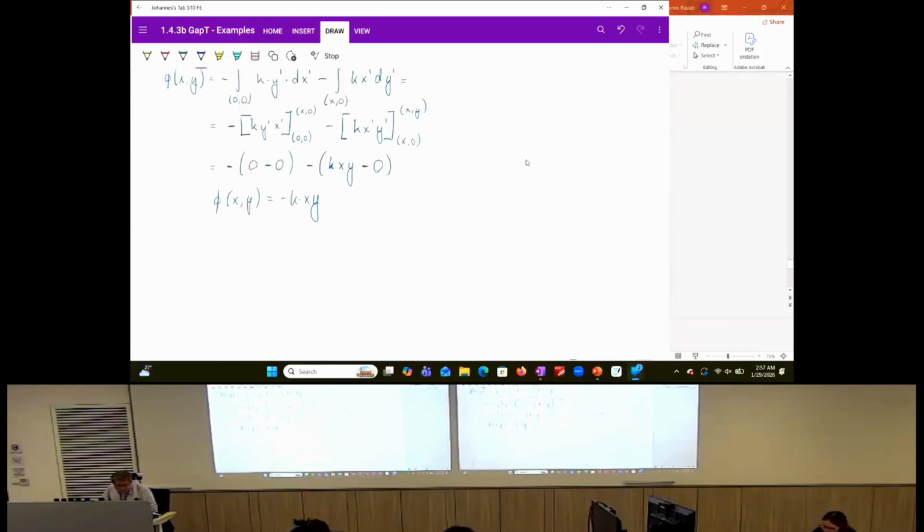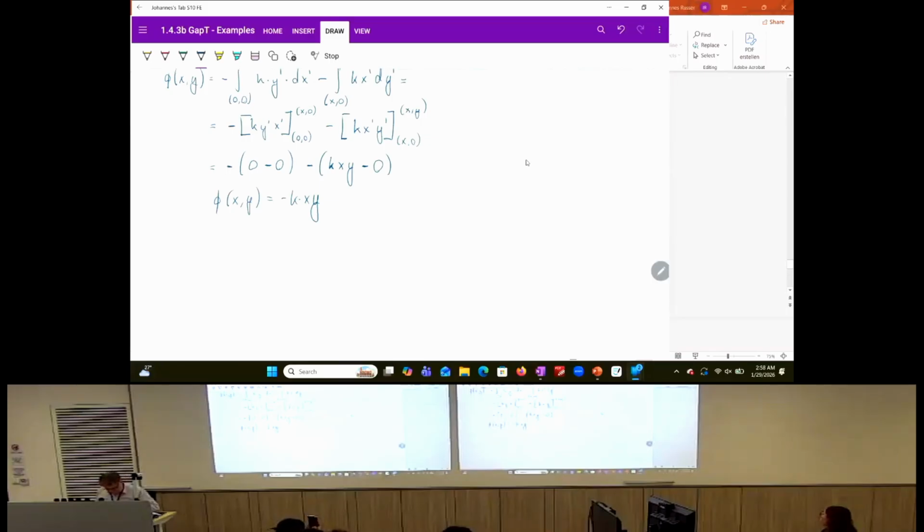Okay. Now let's take a look at how this potential looks as we plot the potential function, or rather sketch it, to see what we can expect from that.